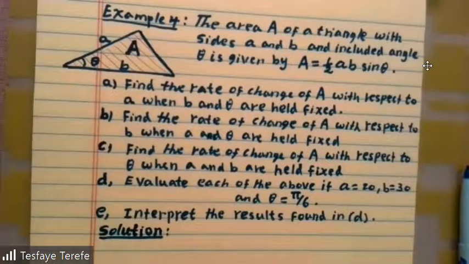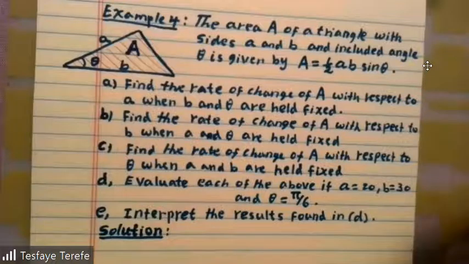And I want you to evaluate all three rates of change when a is 20, b is 30, and theta is 5 pi over 6. And interpret the result that you found in part d. Go ahead. Because we ran out of time, I want you to take a snapshot of the question and do it at home.